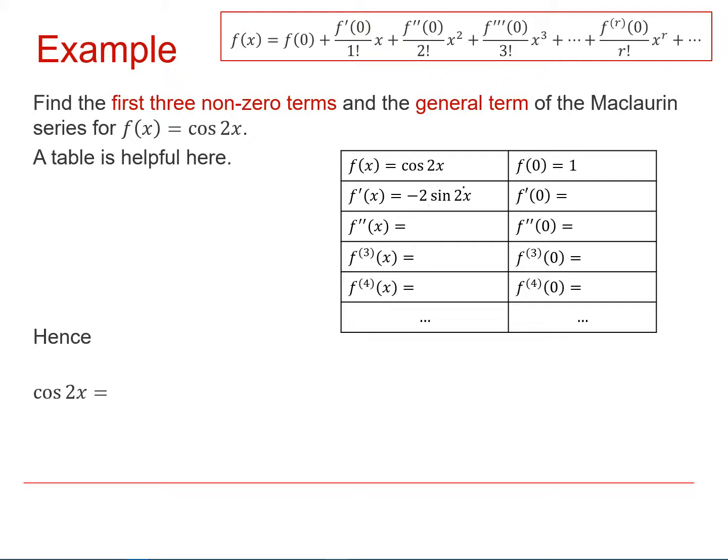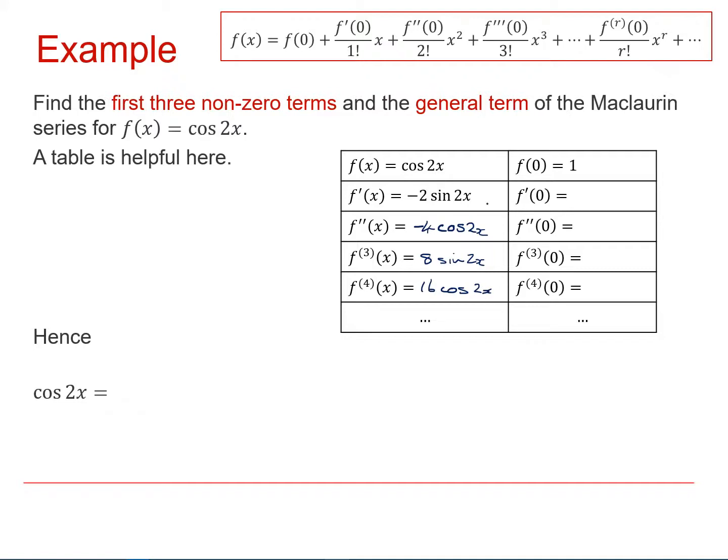If I differentiate this, then when I differentiate sine, I just get cos, so I will get minus 4 cos 2x. And if I differentiate again, I'll get a sign flip. Cos is minus sine when you differentiate, and I'll get 8 sin 2x. And again, I'll get 16 cos 2x.